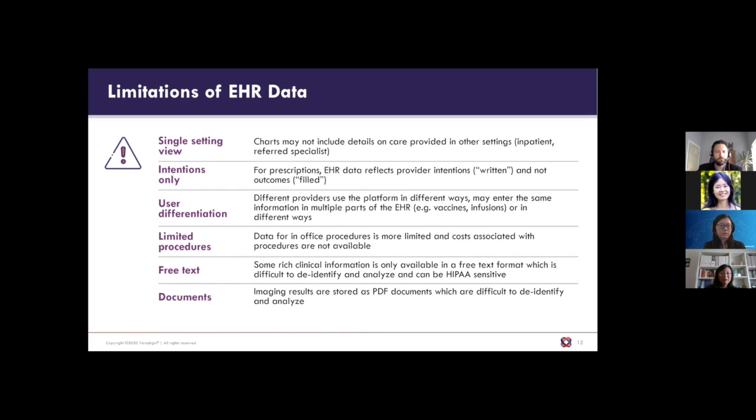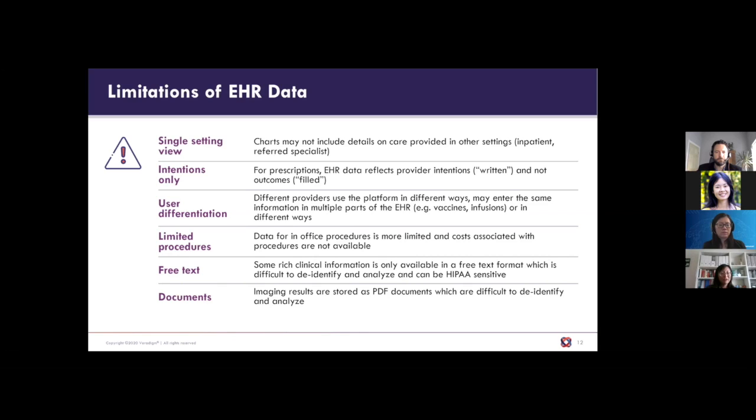Data like procedures and billings are critical for payment, but how they are recorded or not in an EHR is very different. Again, that's because the primary purpose of an EHR is to maintain a dynamic and longitudinal record of the patient's health, and it's not necessary or relevant always to record every single thing that was done to the patient during the visit.